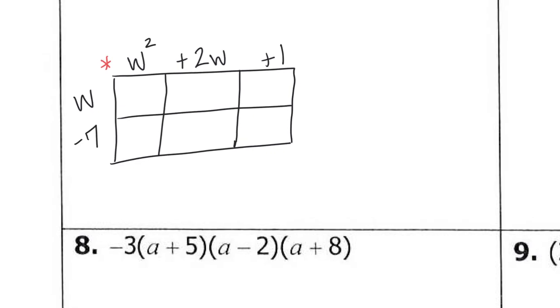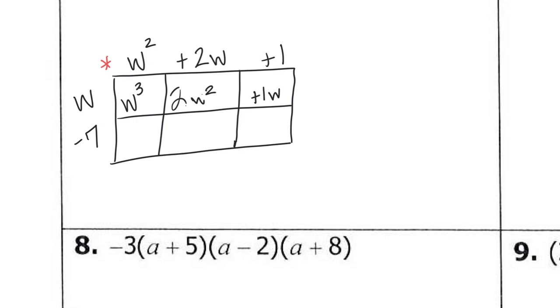So w times w squared gives me w cubed. w times 2w gives me 2w squared. w times 1 gives me 1w.